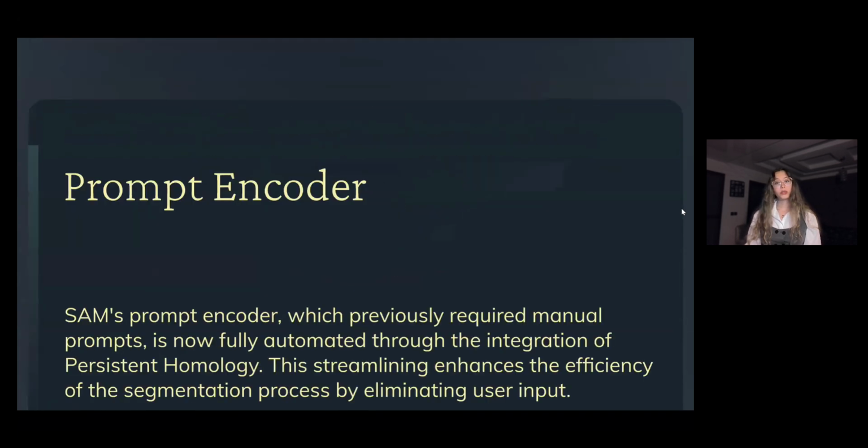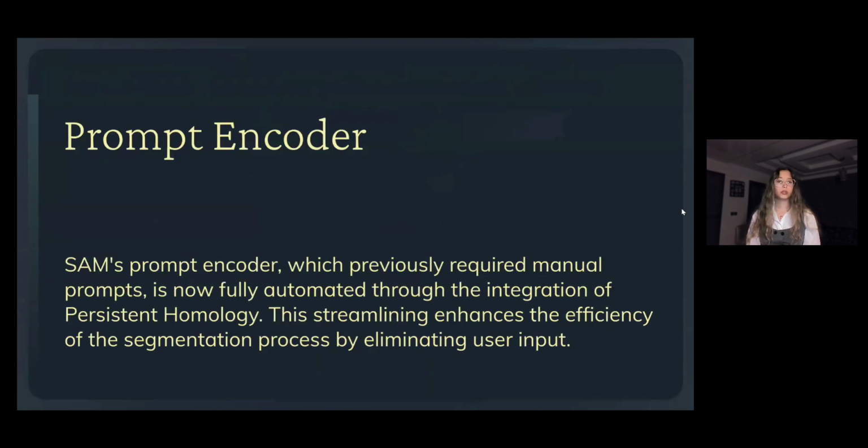And then the prompt encoder, which typically uses user inputs such as points, boxes, or text to guide the segmentation process in SAM. But now we can automatically identify critical areas in the image that might represent an implant, a tumor, or any abnormality, guided by PH-derived signals.